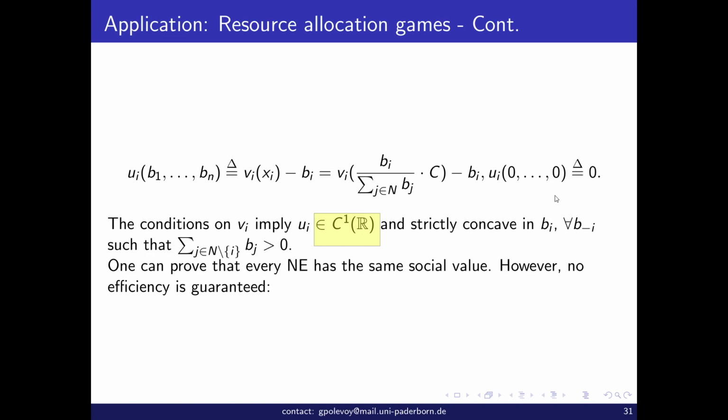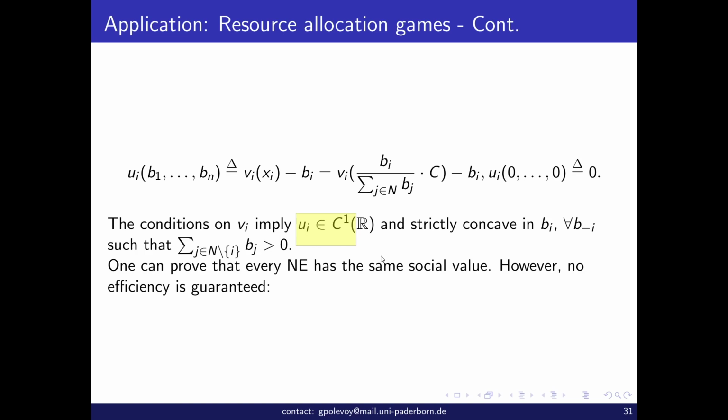And strictly concave in bi, as a function of one variable for any setting of other bi's such that their sum is positive. So pretty much whenever we are in the realm of this formula, we don't need to use the definition for all zeros. Our assumption can be shown to imply that Ui is continuously differentiable and strictly concave in bi for any setting of the other bids.